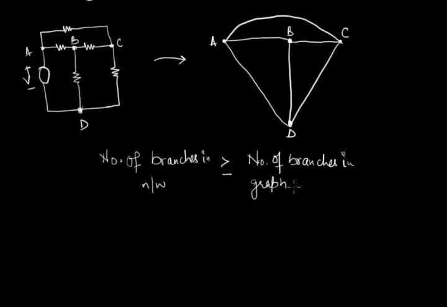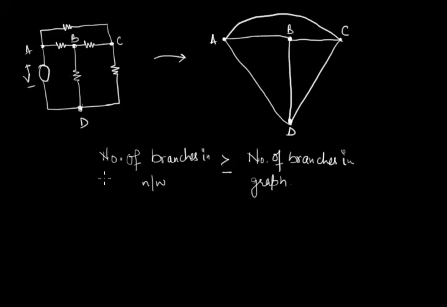As we replace a current source by an open circuit, if there is a current source present in the network, we denote it by an open circuit. That means we will get fewer branches in the graph as compared to the network.